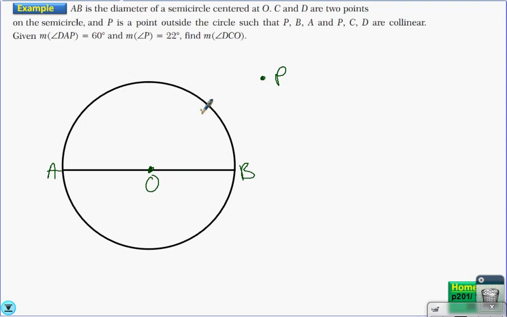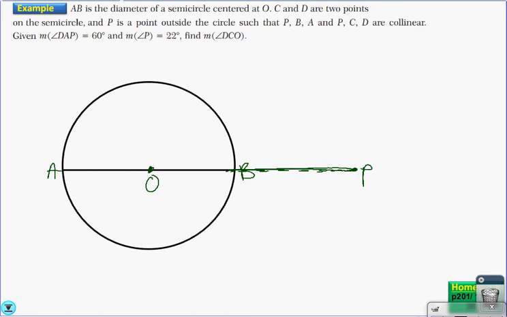Such that P, B, A and P, C, D are collinear, meaning they are on the same line. P, B, and A should be on the same line. That's why I need to put the point P somewhere here, which can be on the same line. Let's extend the diameter over there.